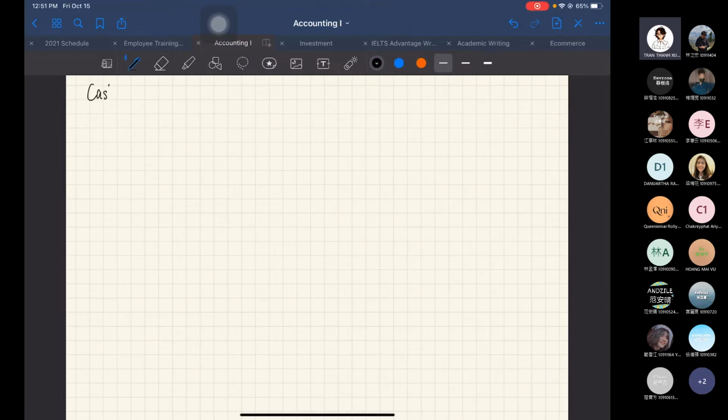First, we will start with cash. Here is the reference.